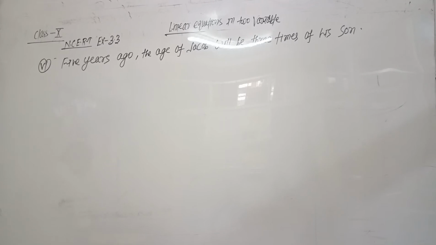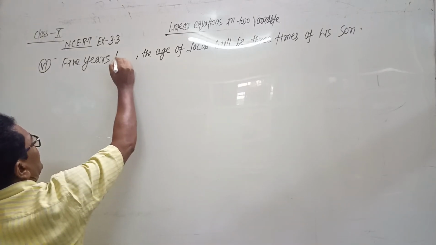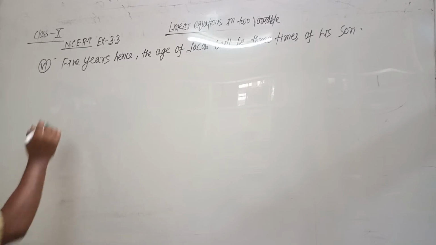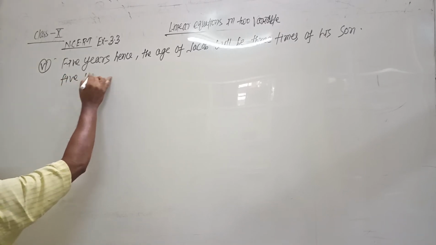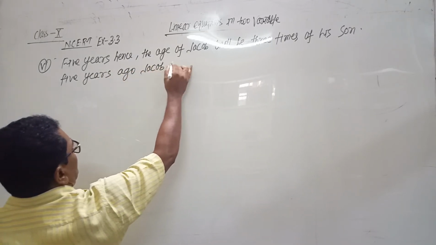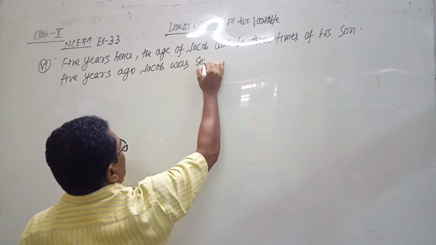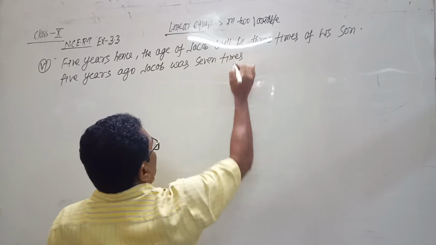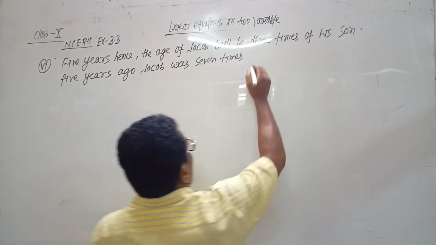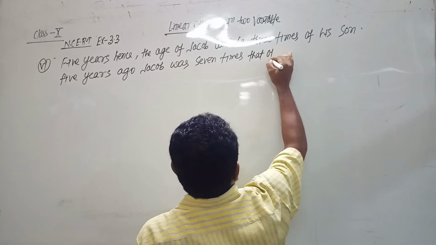Five years hence means after 5 years. And 5 years ago, Jacob was 7 times that of his son.